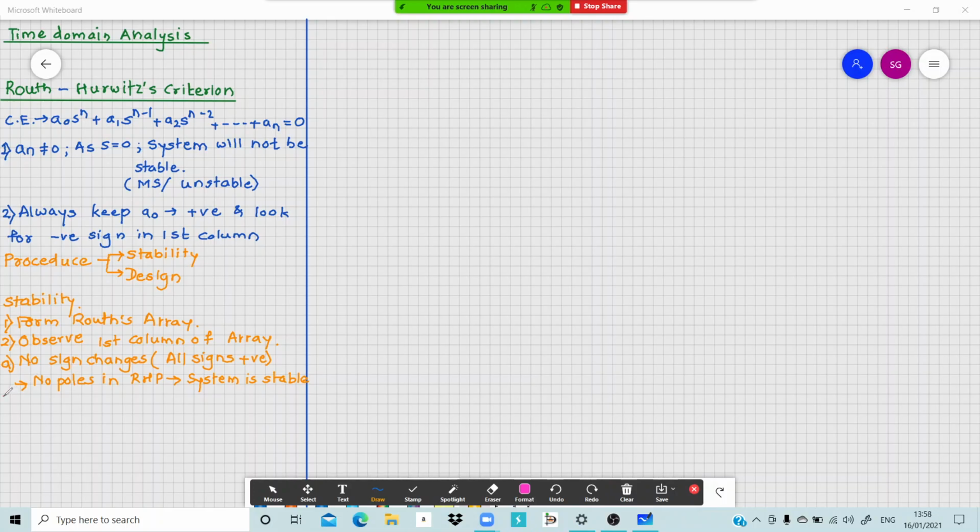Okay, then B: you have seen that yes, sign changes are there, or some elements are negative. So I'll say sign changes, or we can say negative terms in the first column.